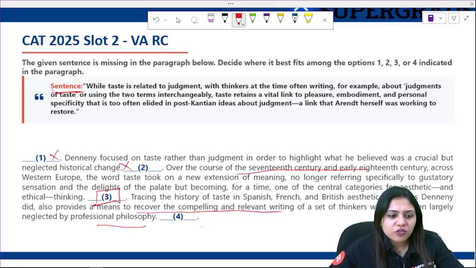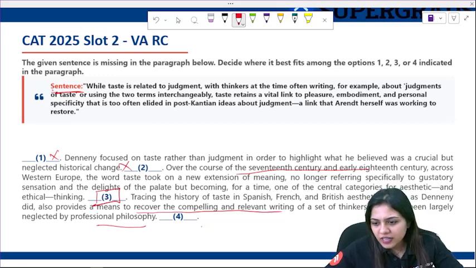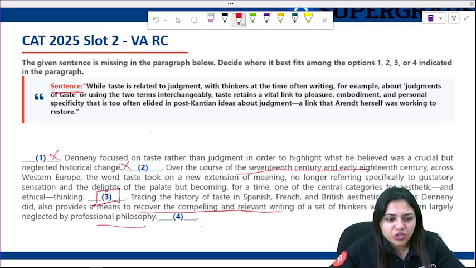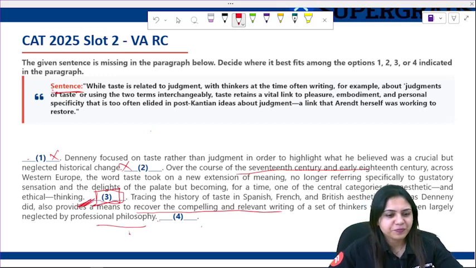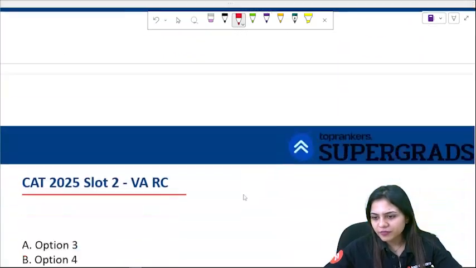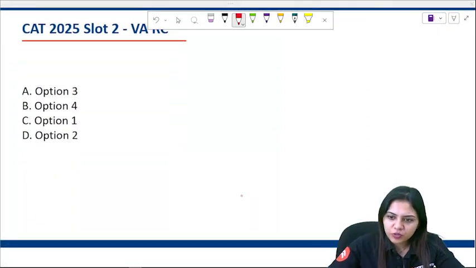This part will not fit here because it is kind of an explanation of a point. We are furthering a point, and that's the reason it fits somewhere in the middle. It cannot be the opening statement, it cannot be the concluding statement. So the correct answer here is option 3.